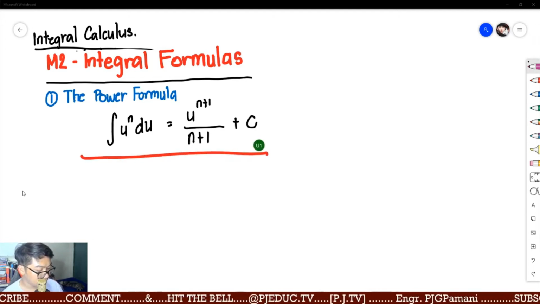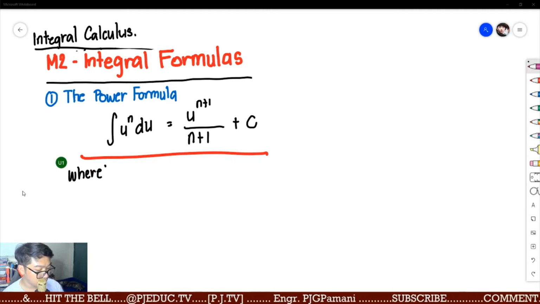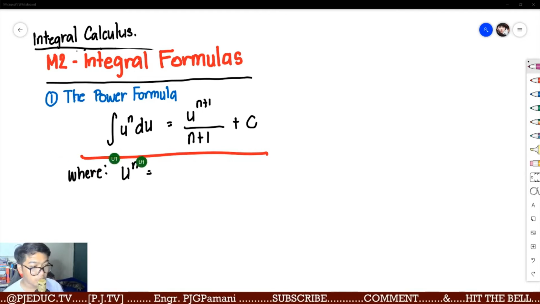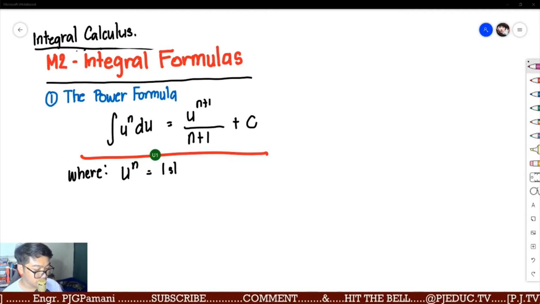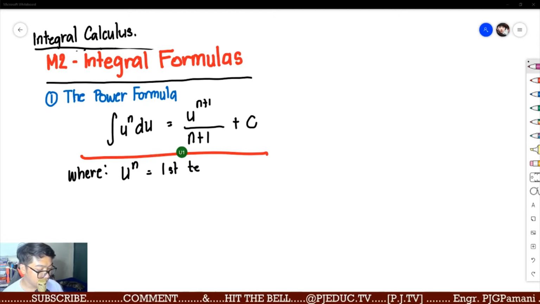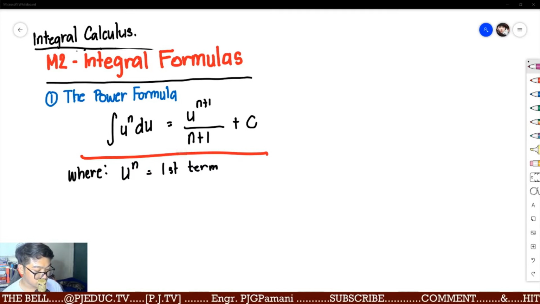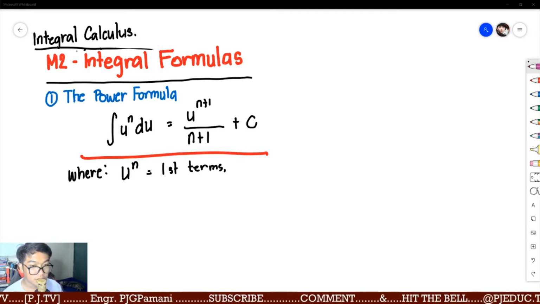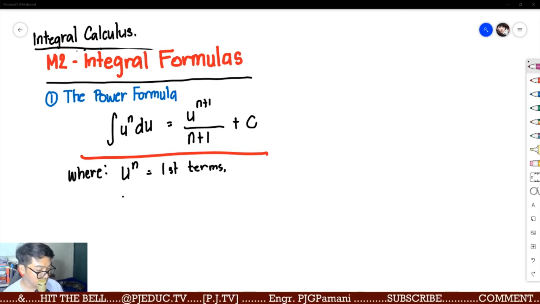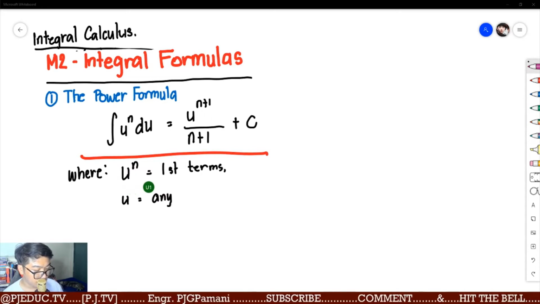What are those terms that you have found here? Starting with u raised to n, this is your integrand or the first term, which carries the different functions such as power functions, algebraic functions, trigonometric functions, exponential, inverse trigonometric, and logarithmic. Then your u is basically any function.